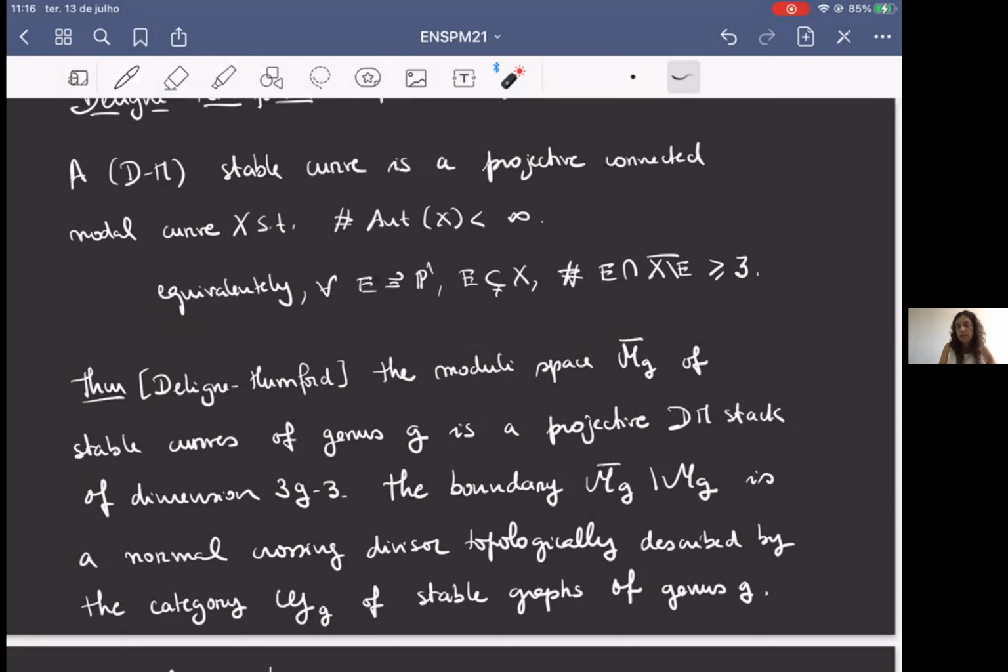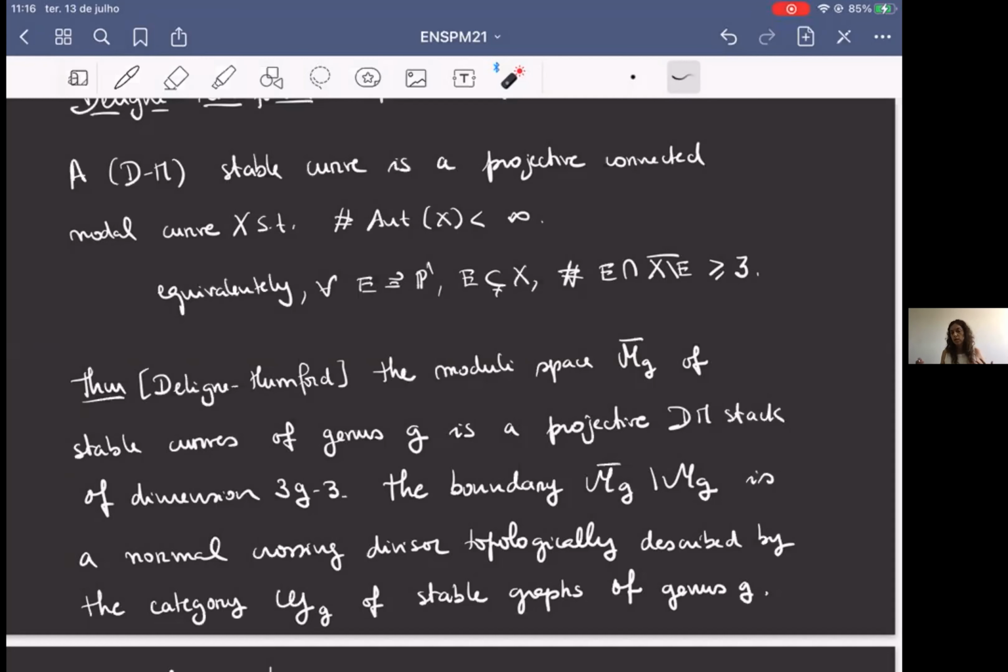And on the geometric side of the picture, about the technical geometric considerations we did before, it's true that the boundary divisor, M_g bar minus M_g, is normal crossing. It's not simple normal crossing because the components of the boundary could have self-intersections, but it's normal crossing.